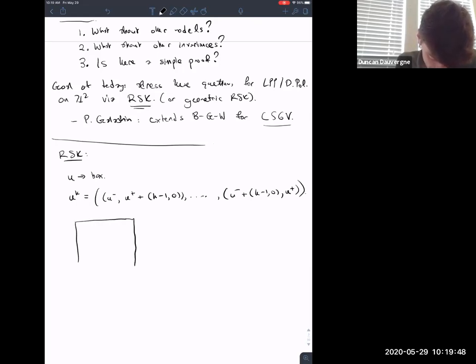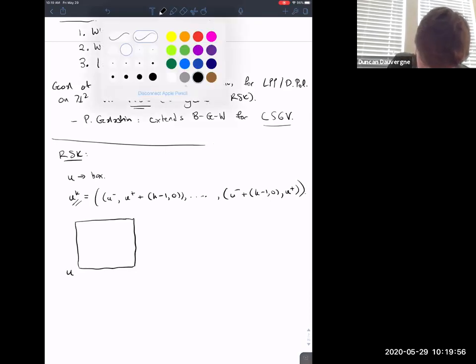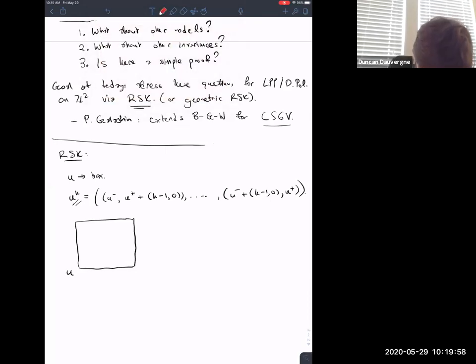If I have this box U, then U^K is a vector of boxes, and the first one looks like this, and then you shift over by 1 each time until you get to the end.